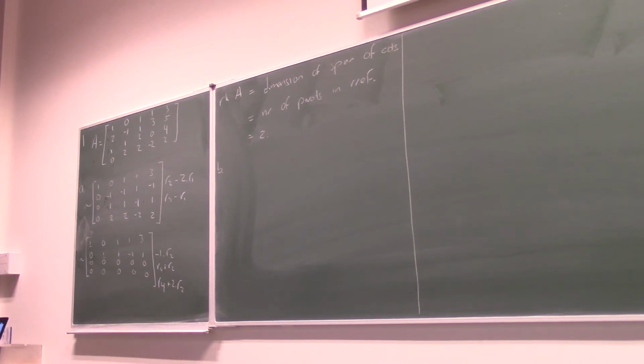So what you could do is look at this again and just determine from this what gets mapped to 0. Because if A times X is 0, then the reduced form of A times X is also 0. Okay, that's for the same X exactly.